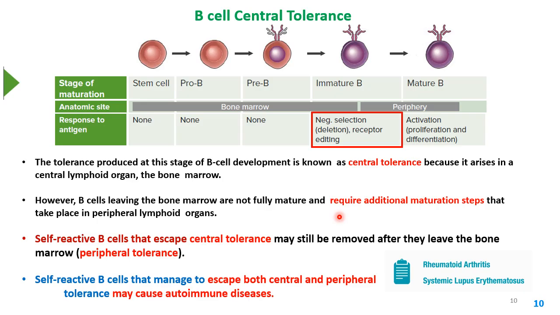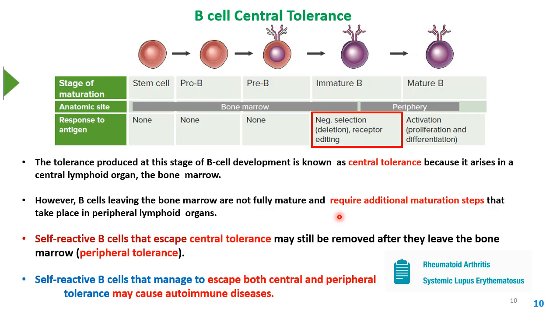Because the thymus, remember, has that very important transcription factor, the AIRE transcription factor, the Swiss knife kind of transcription factor. That is not present in the bone marrow; it is only present in the thymus. So the T cells get a lot of schooling on self-antigens, but the bone marrow is kind of lacking in that.